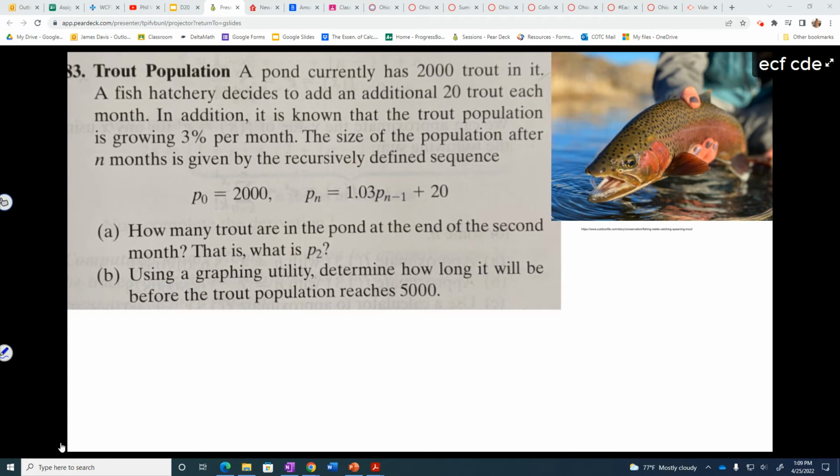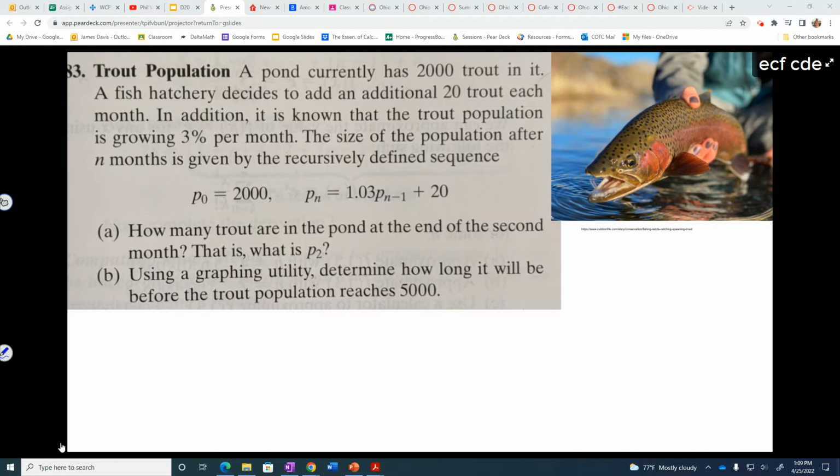So 1.03, and then we got to do our second 7 to get the u, and then parenthesis n minus 1, close parenthesis. So it's 1.03 times the previous term, and then we're adding 20 trout, so plus 20. And our starting is 2,000, so we put 2,000.